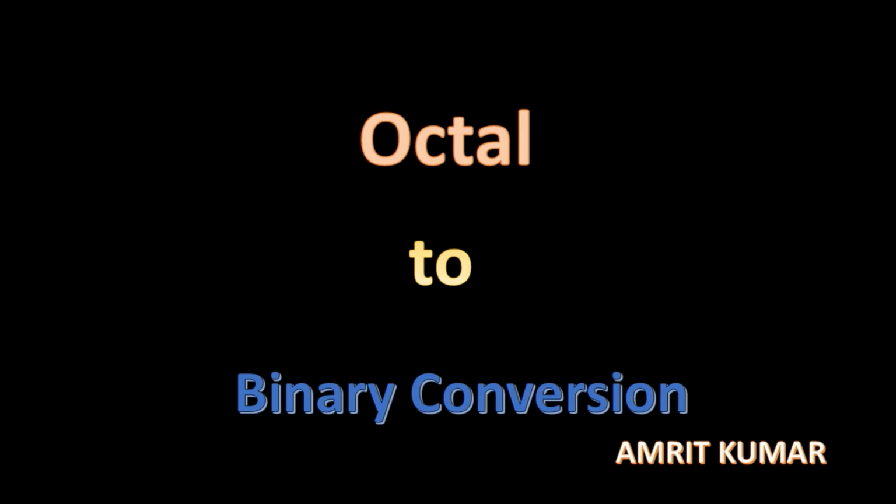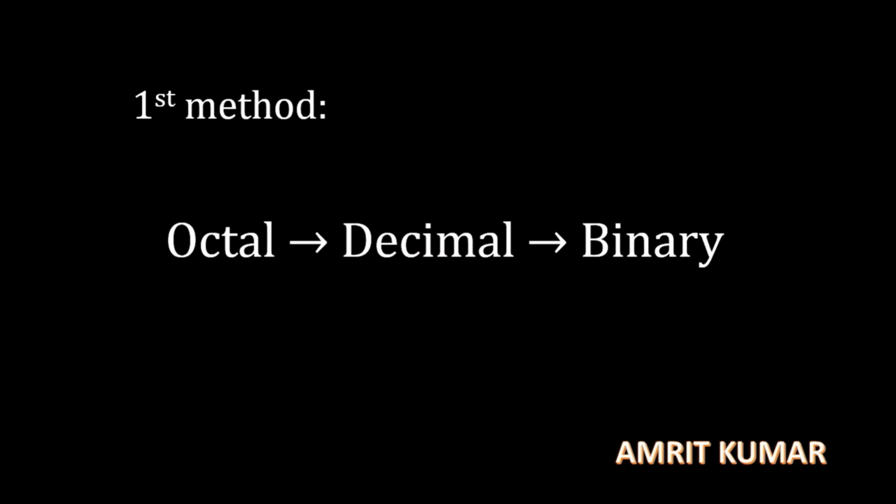Moving on to the octal to binary conversion, the first method says that first you have to convert the octal number into a decimal number, and after that you can convert your decimal into a binary number.